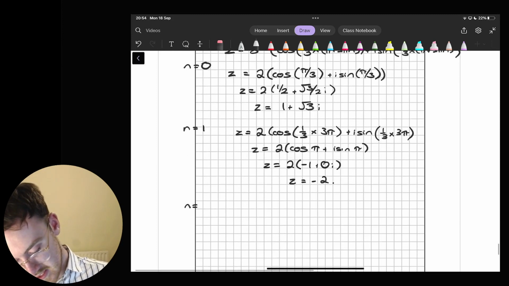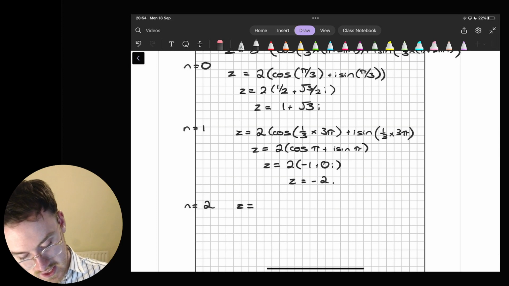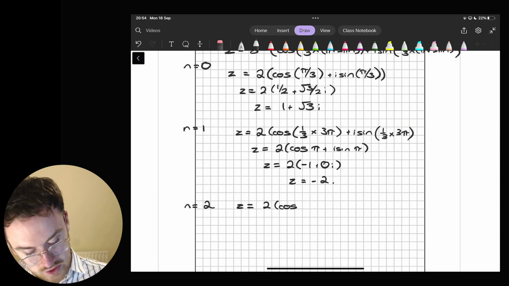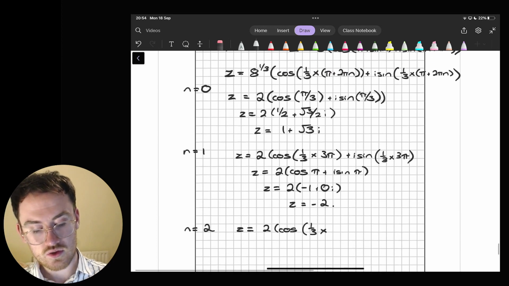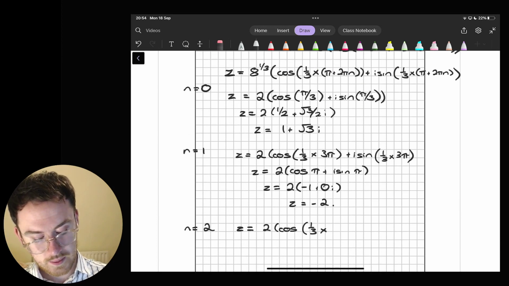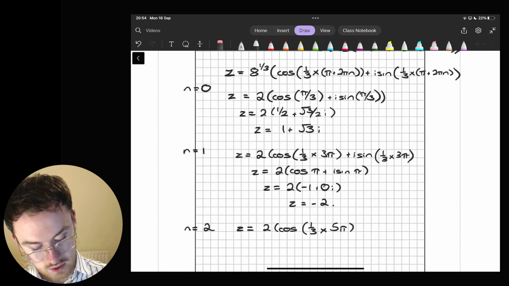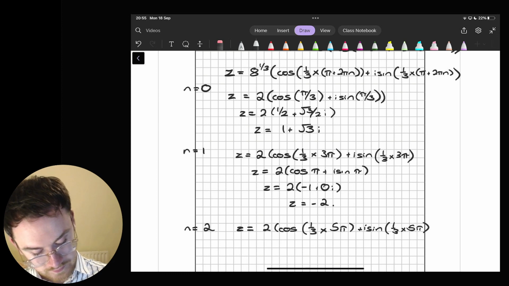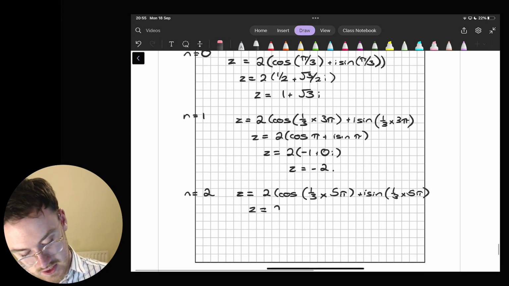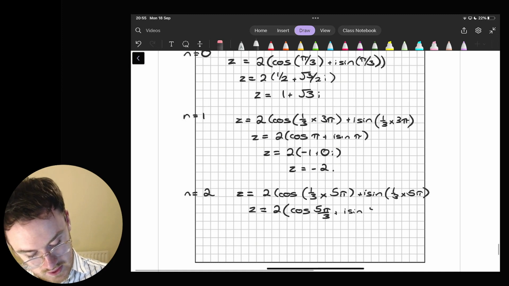And then when n is equal to 2, z is 2 cos, again a third times, well, let's go back and look. If n is 2, that's 4 pi, so 5 pi in total. And same thing over here, i sine a third times 5 pi, which gives me that z is 2 times cos 5 pi over 3 plus i sine 5 pi over 3.